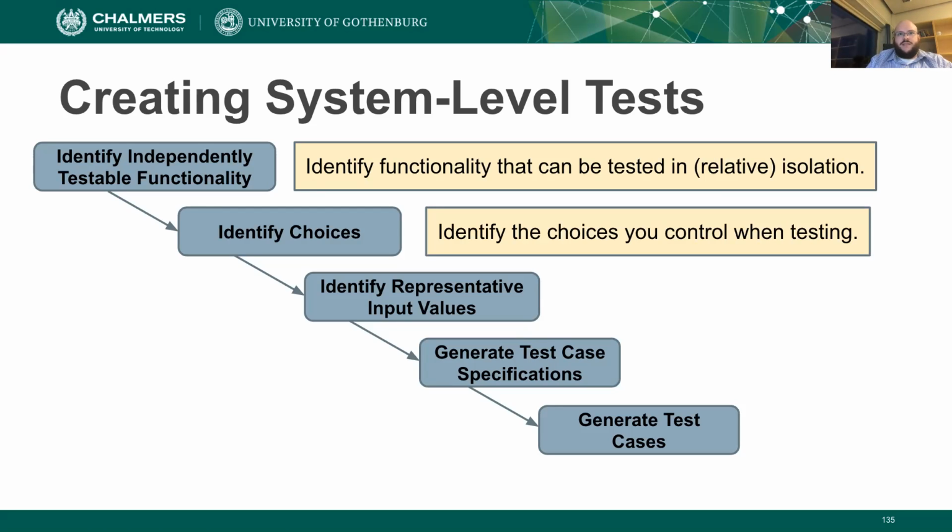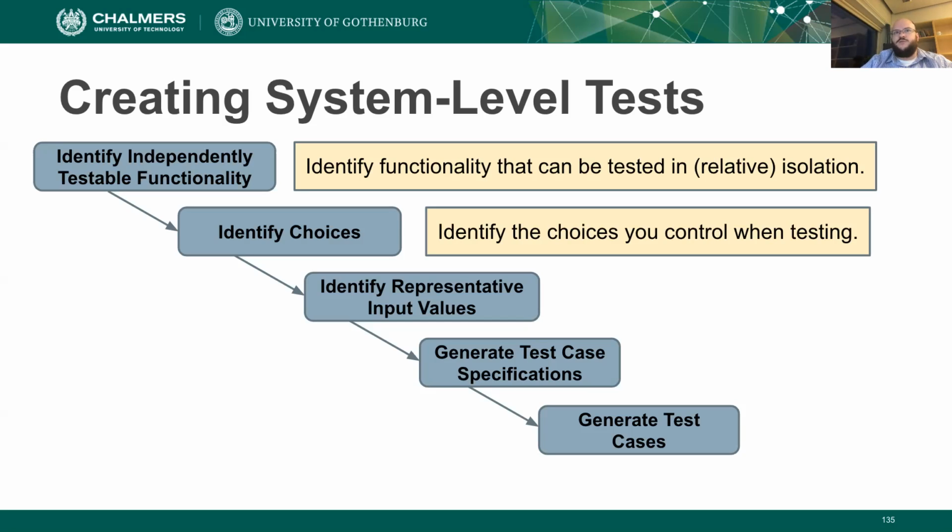In a product line, this includes the set of features that you would choose for each variation point. Right? So what are the variation points that we make a choice for when we test this particular function of our software? It also includes other environmental factors, your database connection or the contents of the database that you interface with, right?